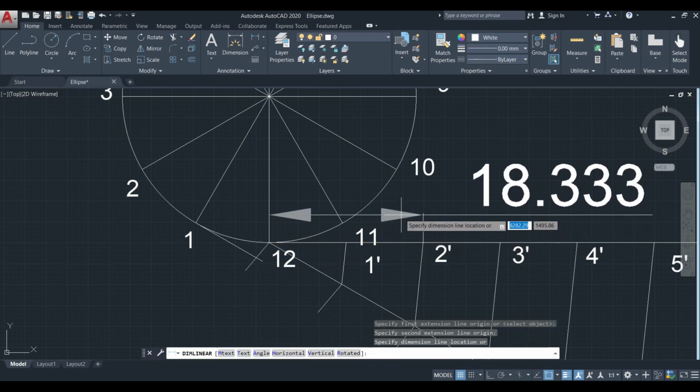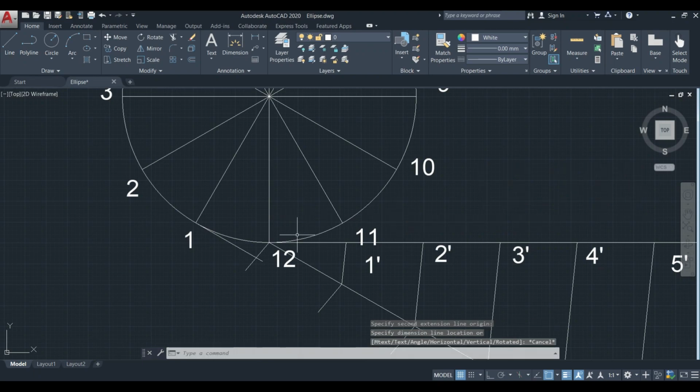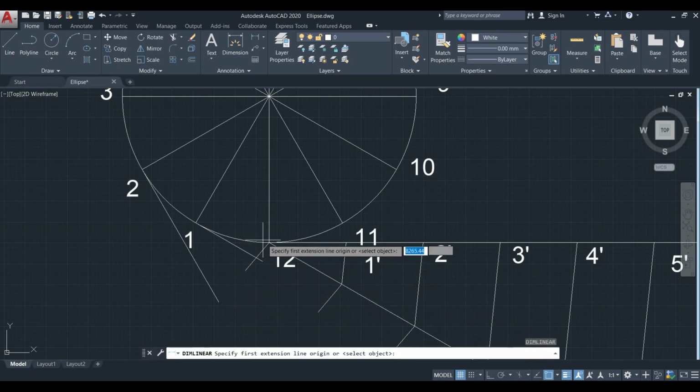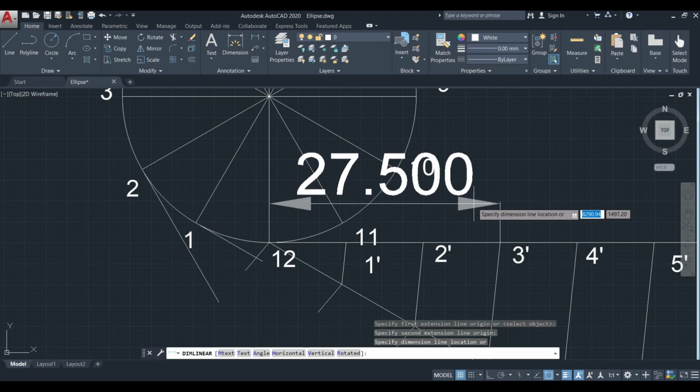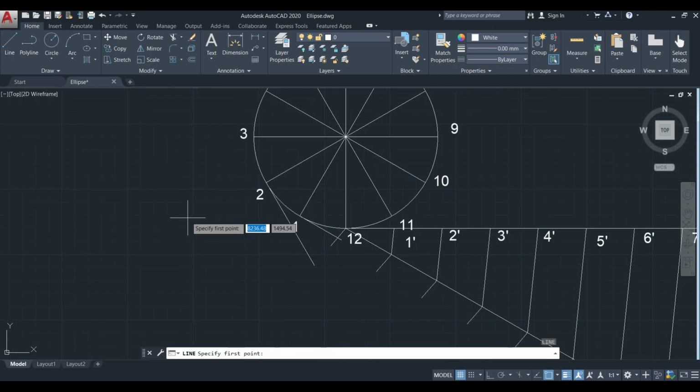This is 18.33. So with this length, we have to draw a tangent connecting the point 2 here. Next we have to measure the distance between point 12 and 3 dash here. This is 27.5 mm. So we have to draw a tangent to the circle at point 3 with that distance of 27.5.